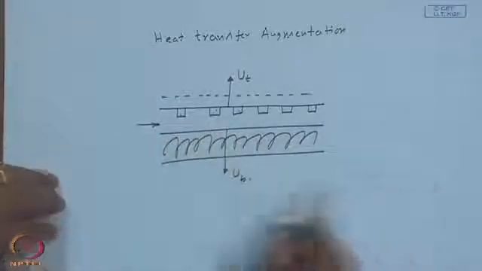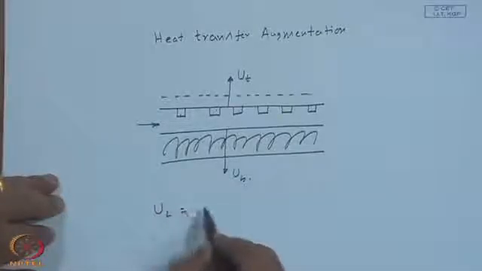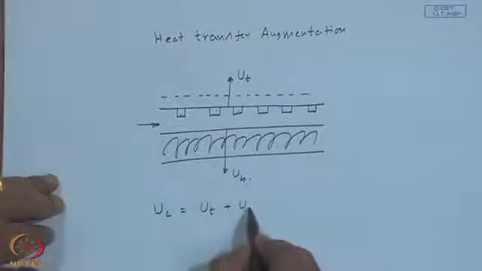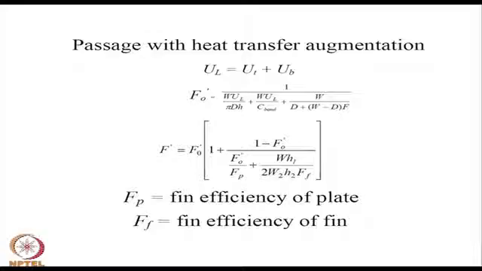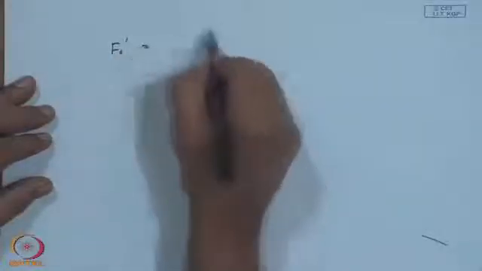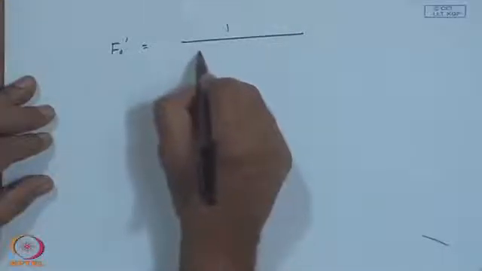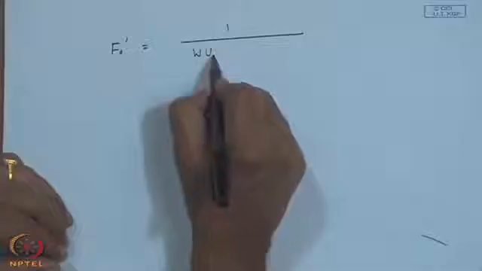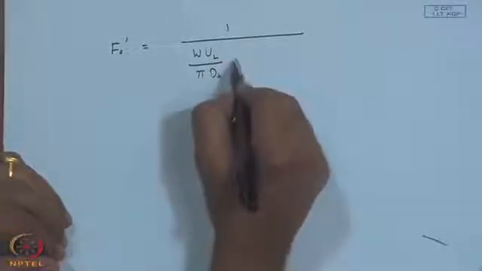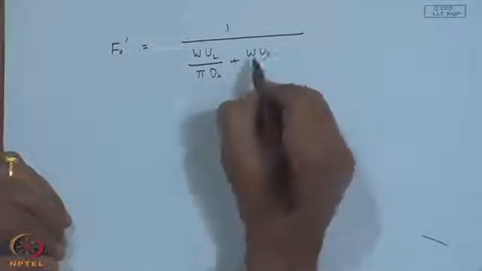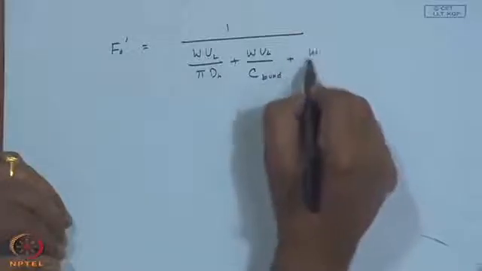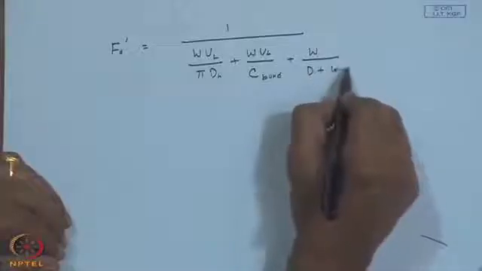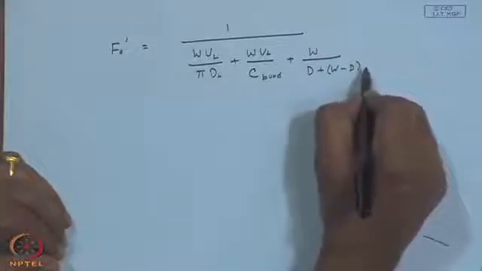So, for this arrangement, again because the fluid does not come directly in contact with the heat losing surface, U L will be equal to U t plus U b, and you have F naught dashed equal to 1 upon W U L by pi d h plus W U L by C bond conductance plus W upon d plus W minus D times F.